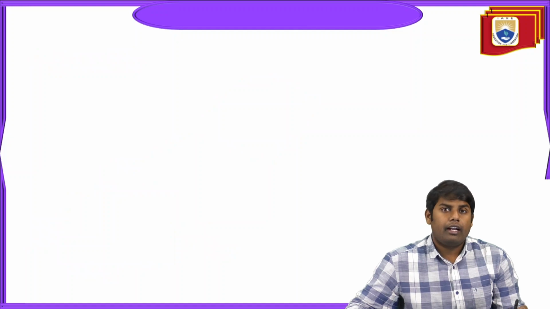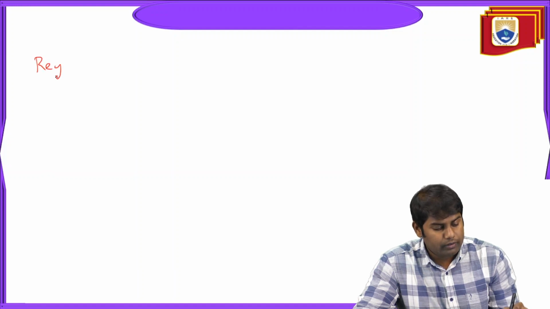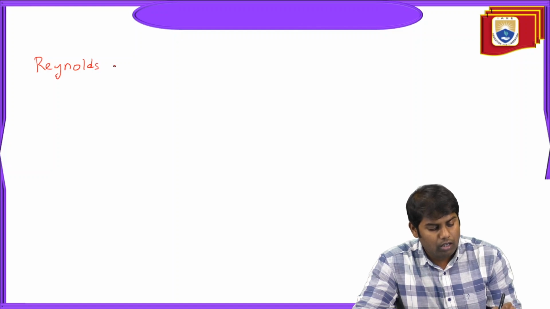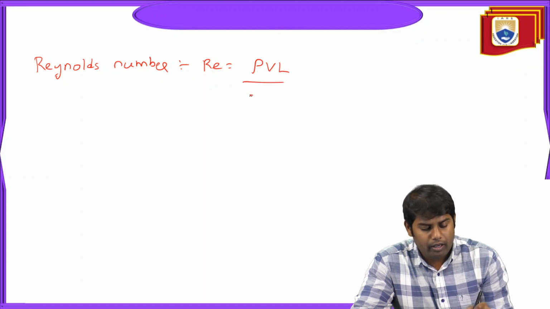There are two important non-dimensional parameters. The Buckingham Pi theorem has given some important conclusions, so we have the Reynolds number, Re equals rho V L by mu.